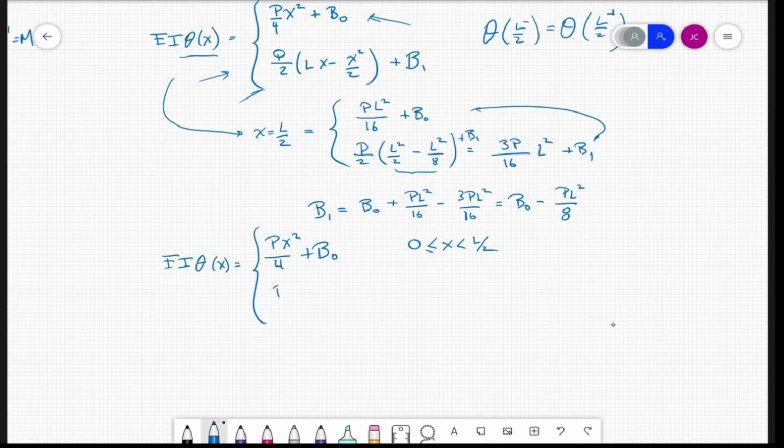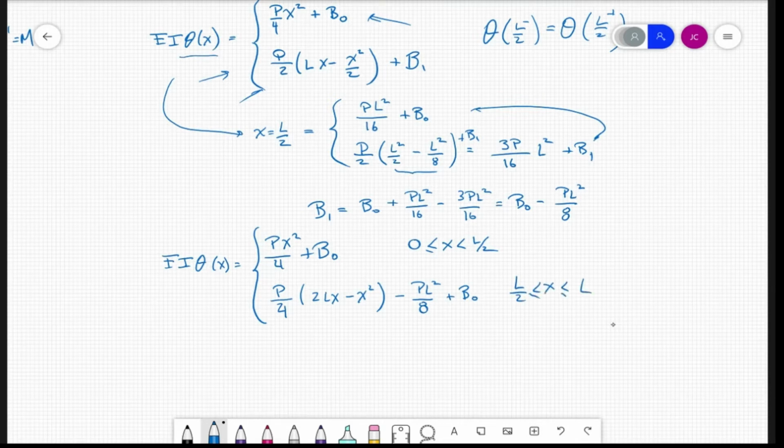So p on 2, p on 4, 2lx minus x squared plus b1, but b1 we know is negative PL squared over 8 plus B0, right? And this is from L on 2 to L.